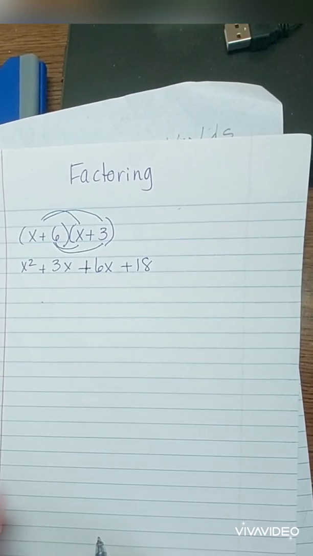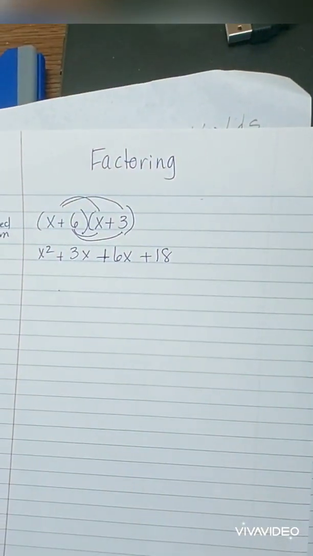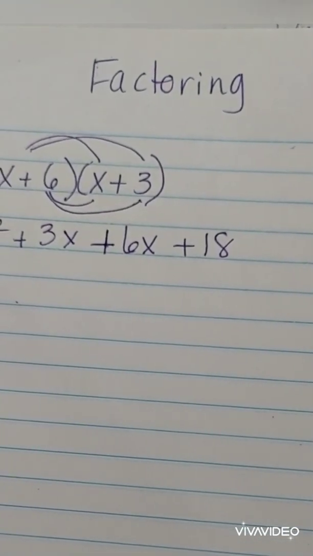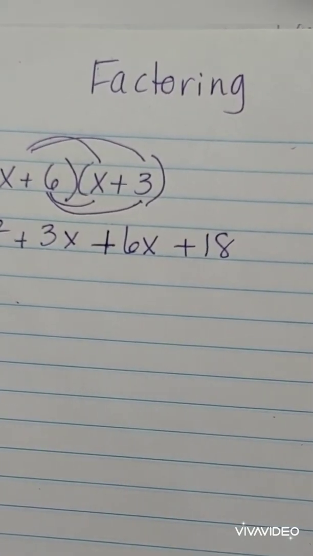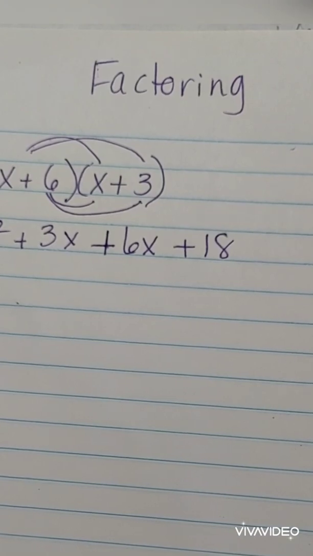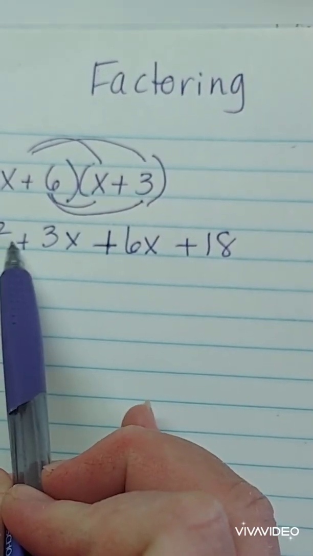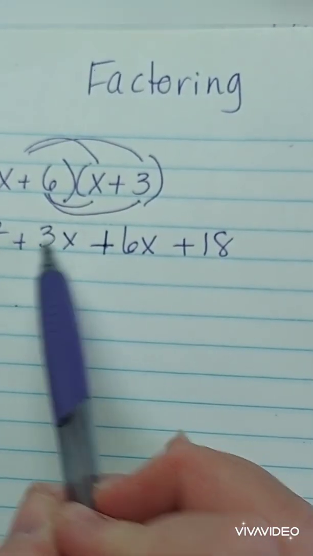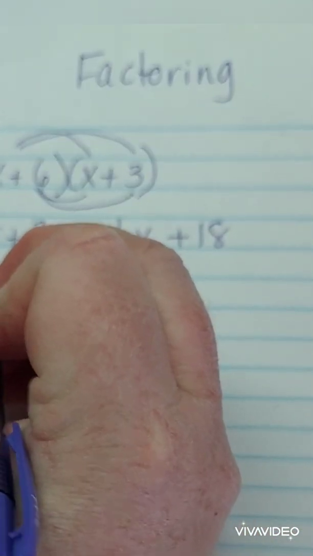So if you stop and really think about this for a second, if you think about where these pieces come from, you'll see that this piece and this piece give you your x squared, right? This and this, so this is really from the first.